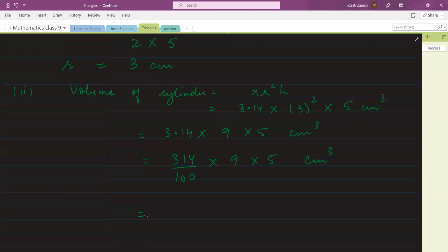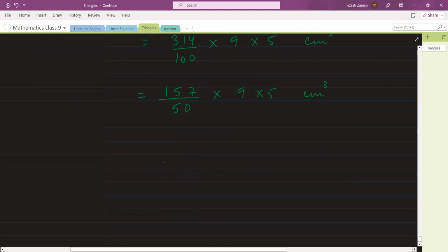You can simplify it a little bit here. First you cut this by 2. So 2 into 1 is 2, then 11. So 2 into 5 is 10, 14. So 2 into 7. And then you get 50 here, right, if you divide by 2. And then 9 into 5 centimeter cube. Now with this 5, you can again make it 10. So it will become 157 into 9 divided by 10. Is that okay?